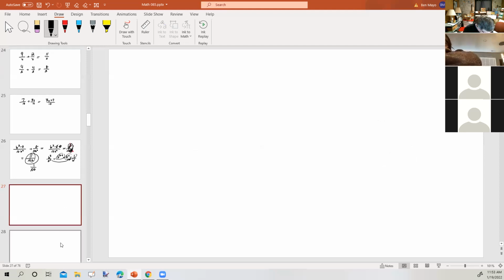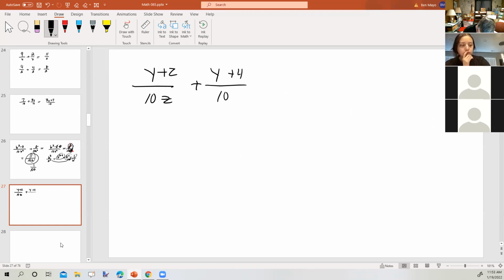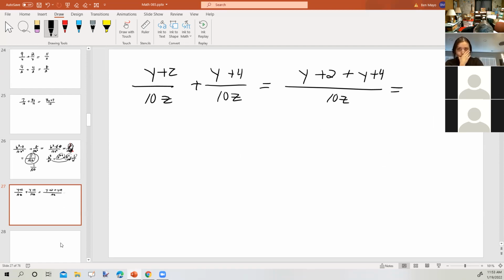Now, how about this? y plus 2 over 10z plus y plus 4 over 10z. So this is y plus 2 plus y plus 4 over 10z, which is 2y plus 6 over 10z.